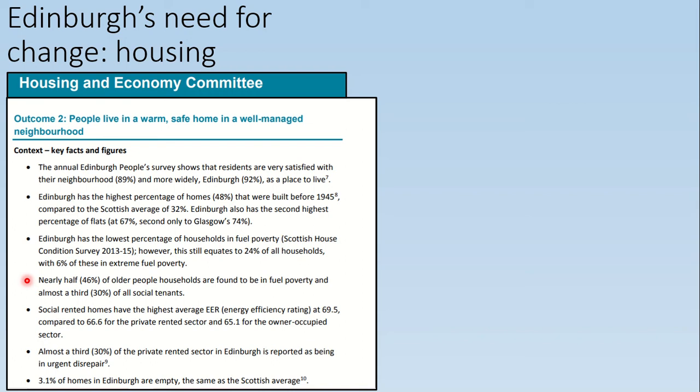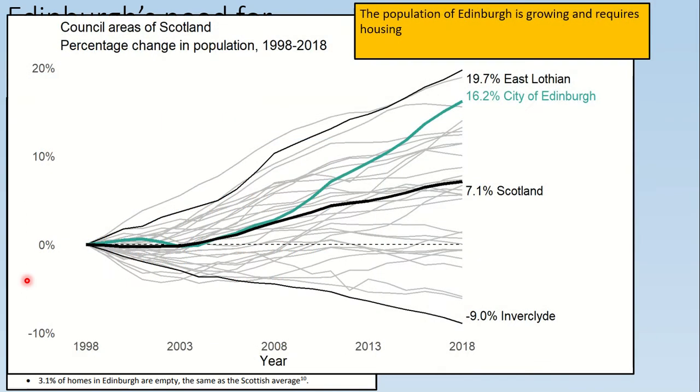That's not because they've not got enough money, that is probably because the building itself is not well enough built and insulated. So building quality is another thing that we need to consider as a thing that we need to change.